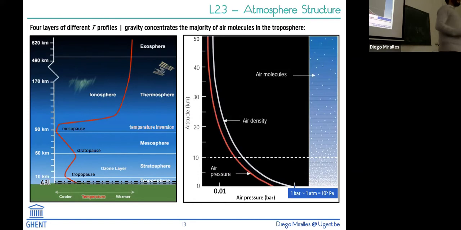Now, one thing that happens in the atmosphere is that because of gravity, most of the air gas components are next to the ground. If you think in terms of molecules of gas, they are all squeezed next to the ground because they are attracted by the gravity force. So you have a much higher pressure next to the ground than you have up here.